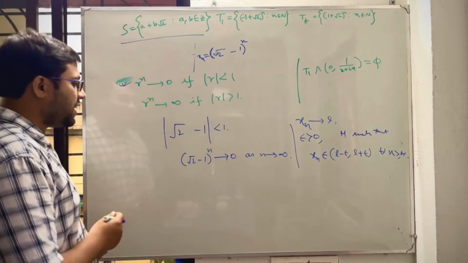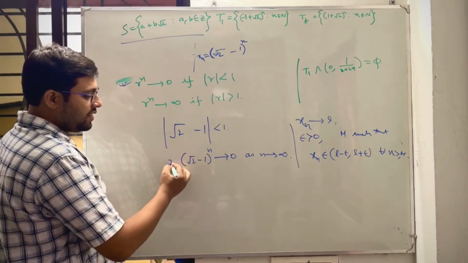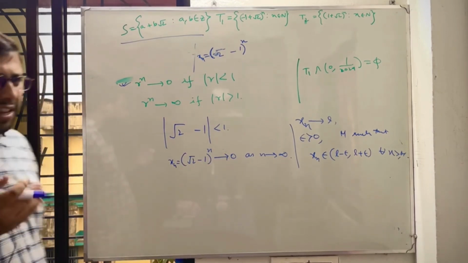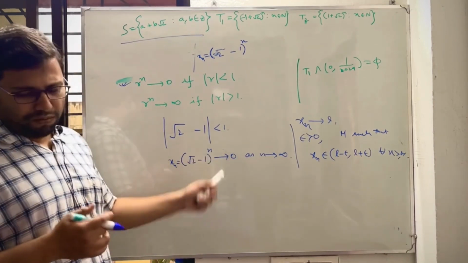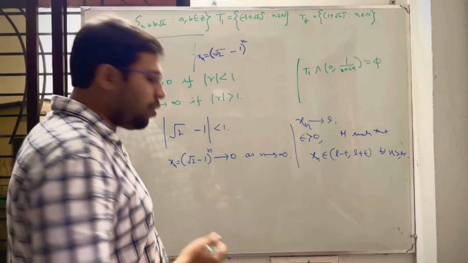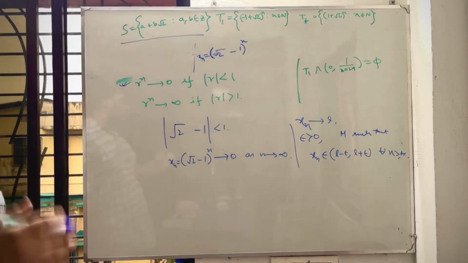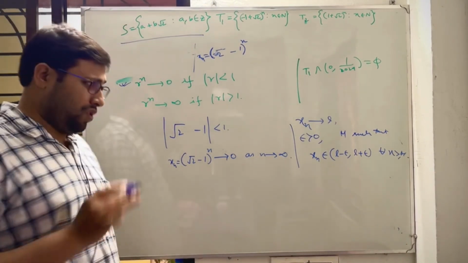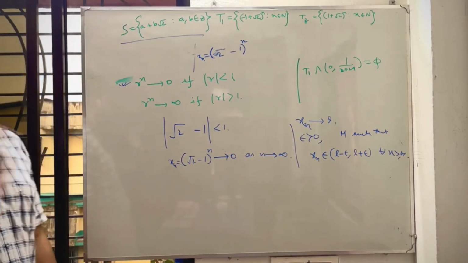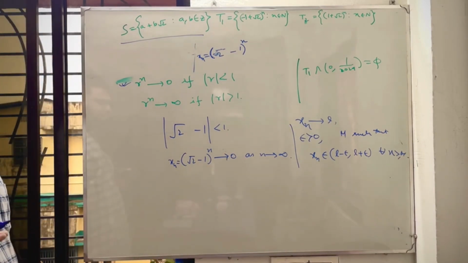Now, as we see that this sequence xn converges to 0, we must have a number k. After that number k, all the elements of the sequence xk, xk plus 1, xk plus 2 will lie in the neighborhood of 0, because 0 is the limit of the sequence.